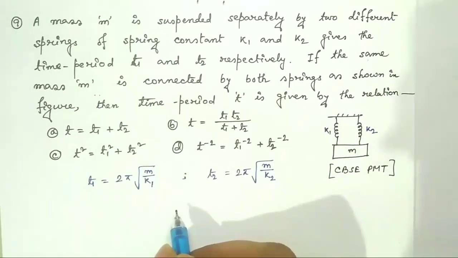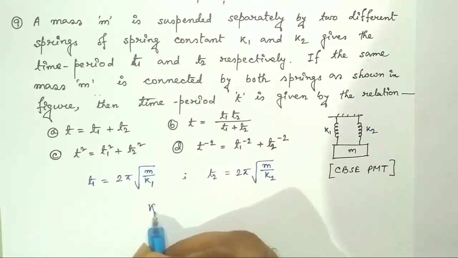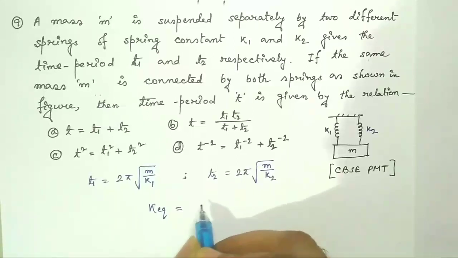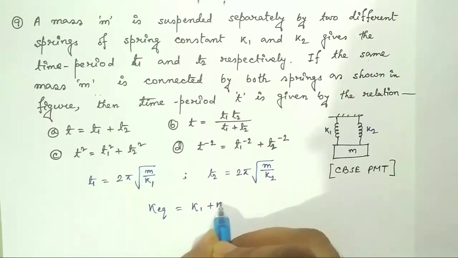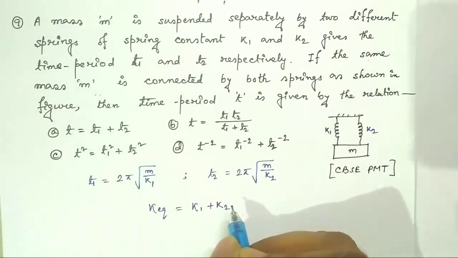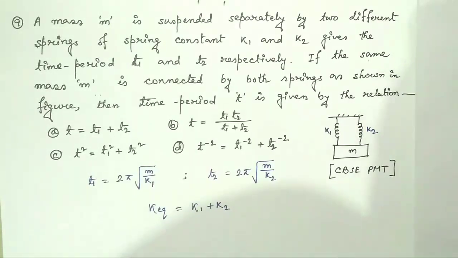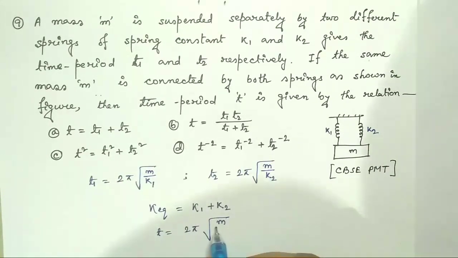So, what will be the equivalent force constant? The equivalent force constant will be K equivalent equal to K1 plus K2. Okay. Now, the time period is given by T. Now, T equal to 2 pi root over m by K equivalent, or K1 plus K2.